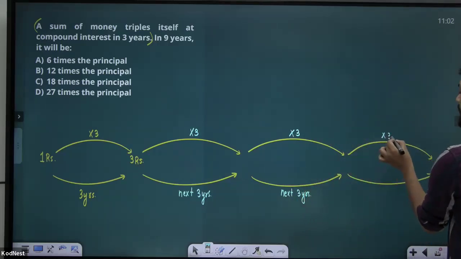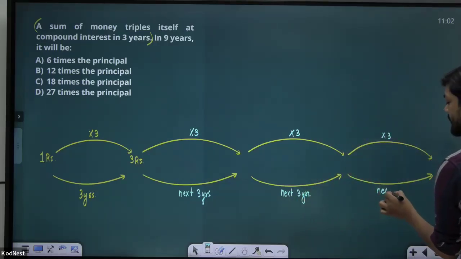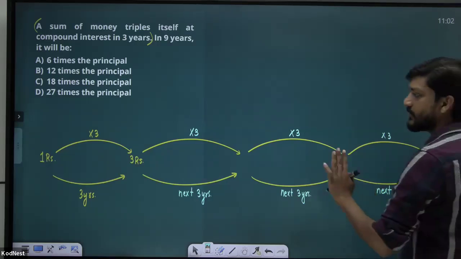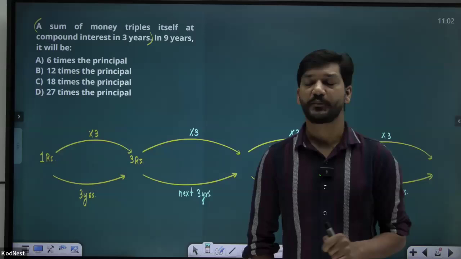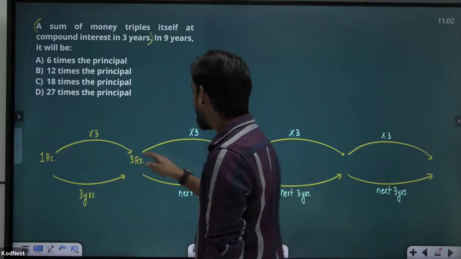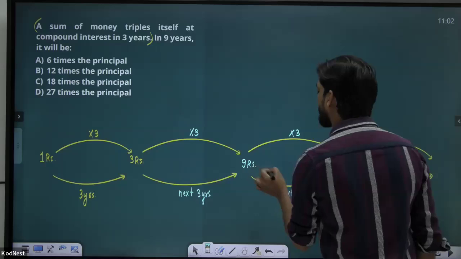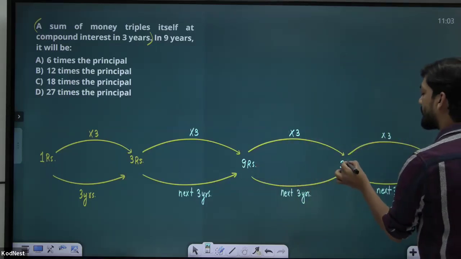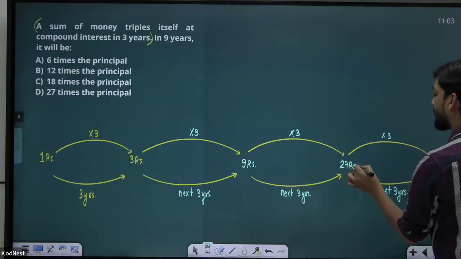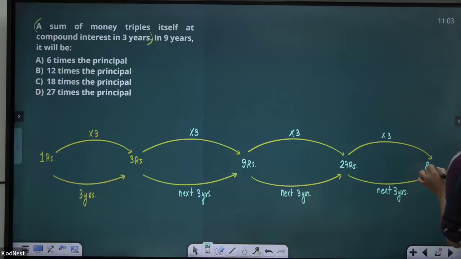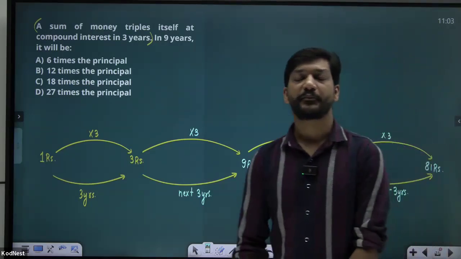It will again triple in next 3 years. This is the structure, the pattern of compound interest. So 1 into 3 is 3, 3 into 3 is 9, 9 into 3 is 27 rupees, and 27 into 3, 81 rupees. This will continue till infinity.